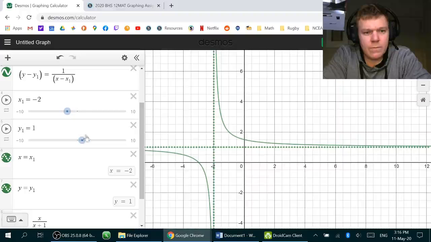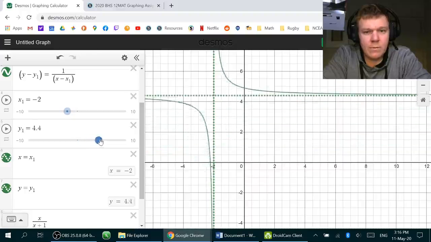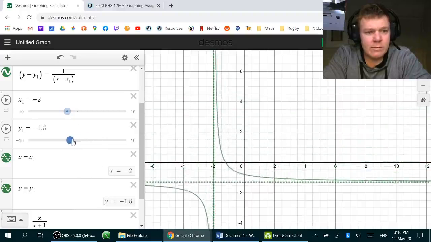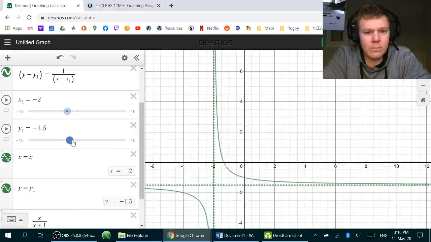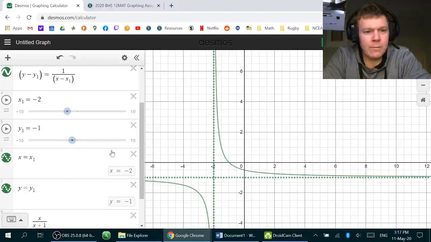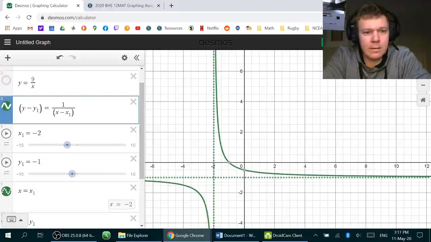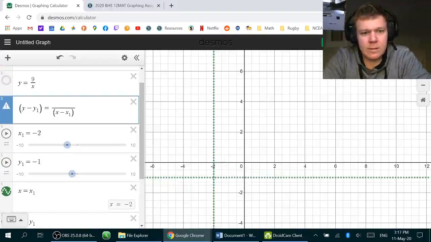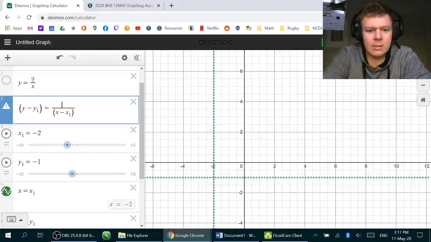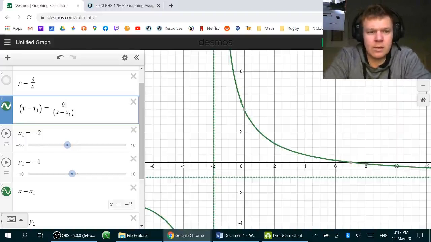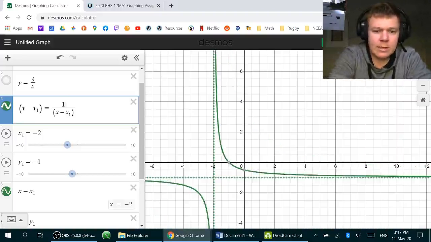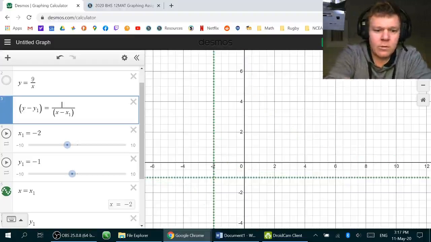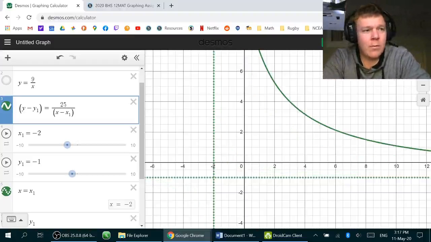Could be a negative 2. And by changing our y1, we're just bumping it up and down. And our shape factor doesn't change where our asymptotes are. So square numbers like 9, 16, and 25 are common ones for hyperbolas, because there'll be a point diagonally out.